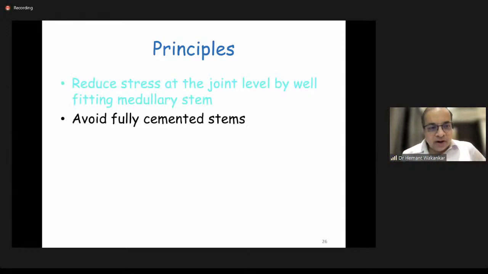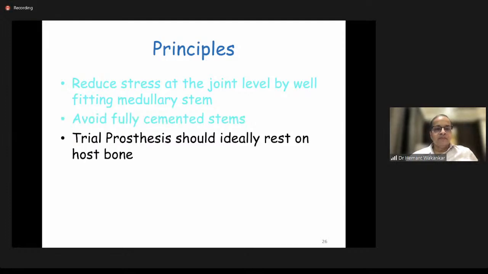I personally try and avoid the fully cemented stems, because for any reason, if you need to do a revision, that's going to be a problem trying to take that stem out. So I try to avoid the fully cemented stems, except in special situations. I'll discuss that in a few minutes.